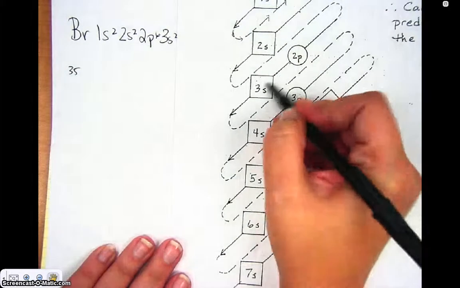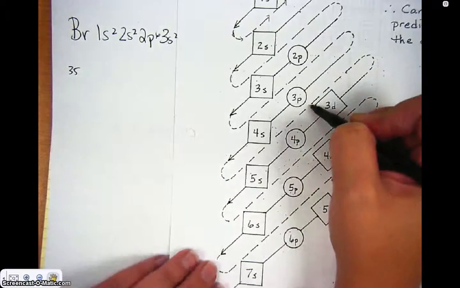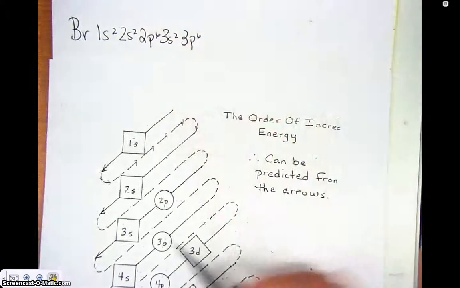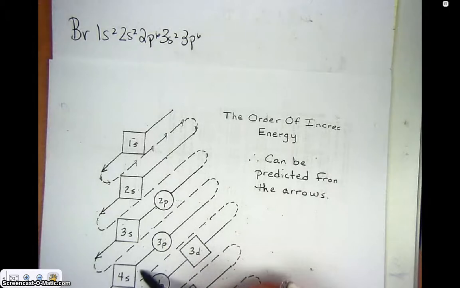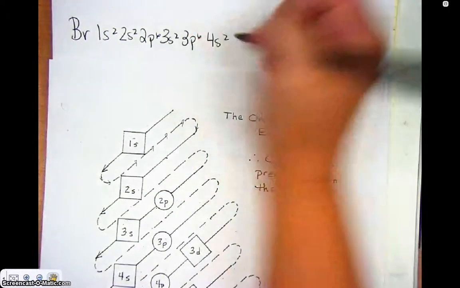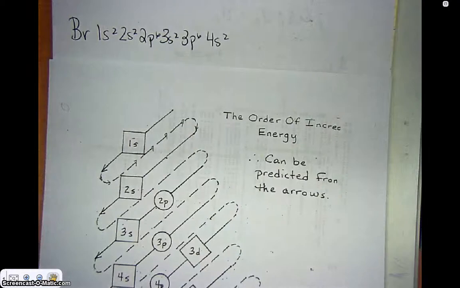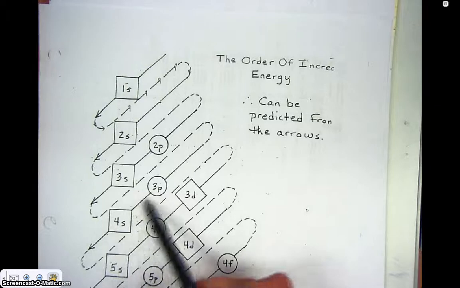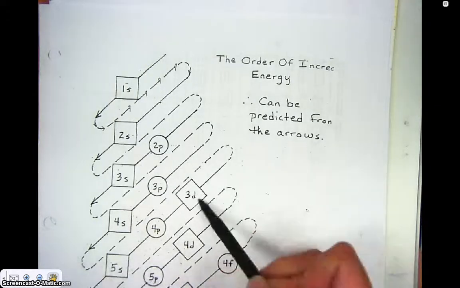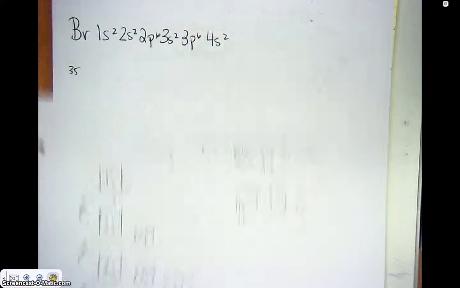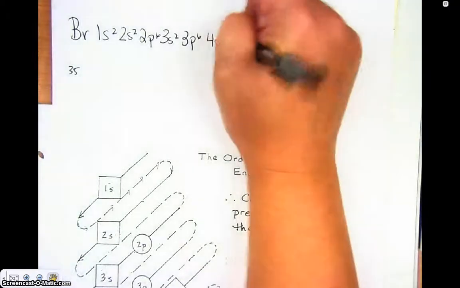Then I go from 3s around and I get to 3p, so I'll put 3p6. I keep following down, and next I get to 4s, so it'd be 4s2. Then I swirl around from 4s, and if I watch as I come around, I go from 4s all the way back up, and the next in line is my 3d, so 3d10.